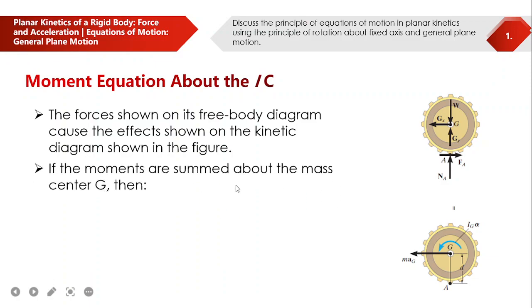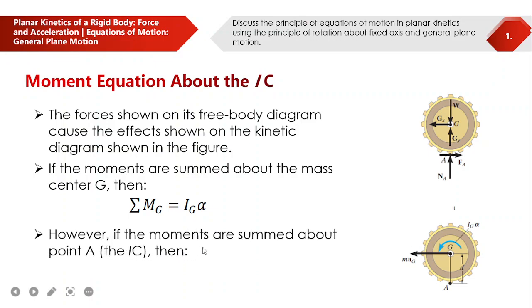So, if the moments are summed about mass center G, we have summation of all the moments at point G is equals to I sub G times alpha. However, if the moments are summed about point A, or the IC, wala tayong magagawa doon. So, if the moments are summed at point A, ano mangyayari?